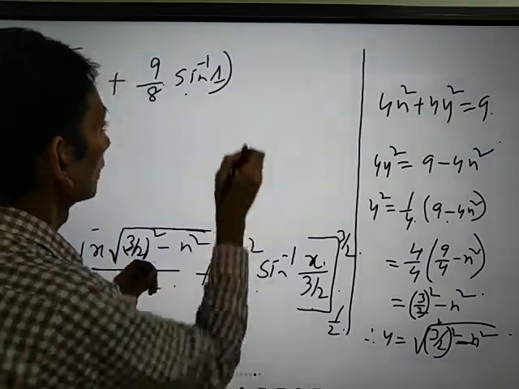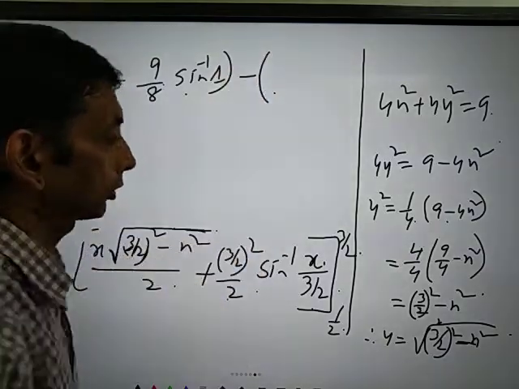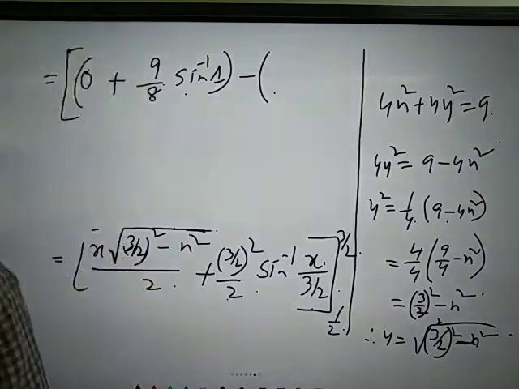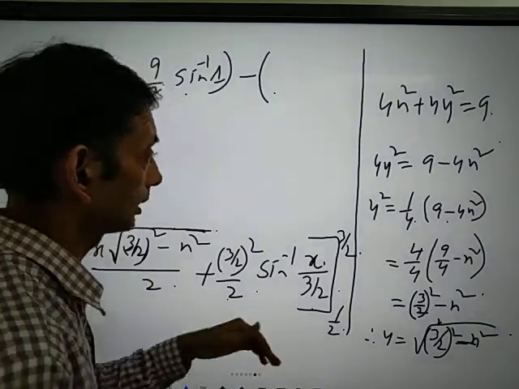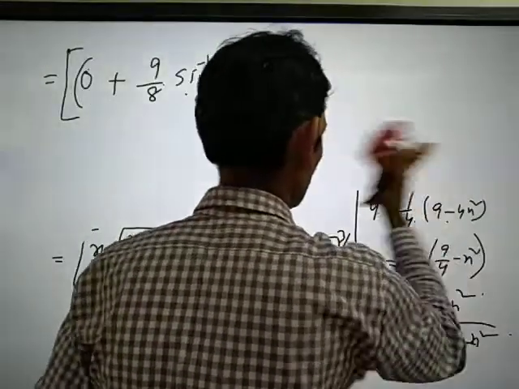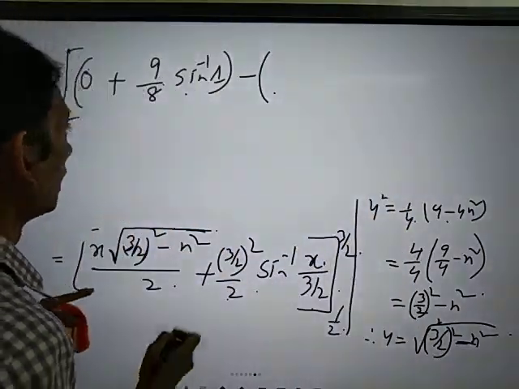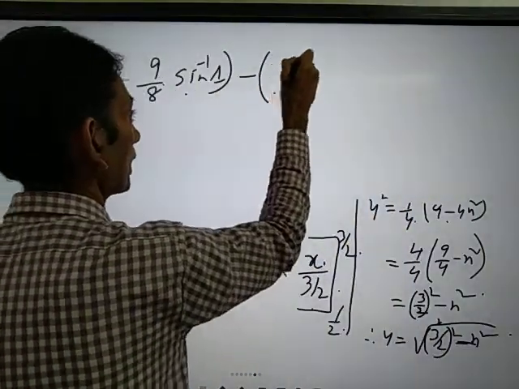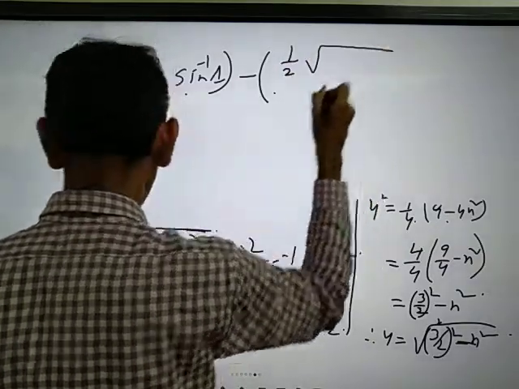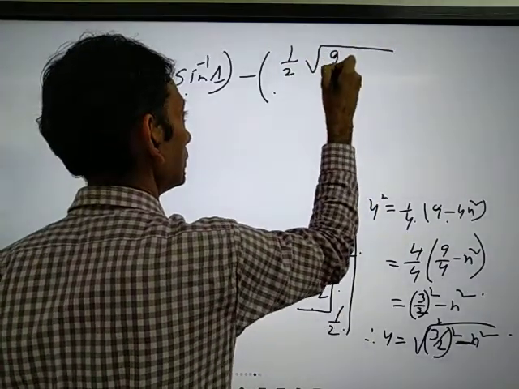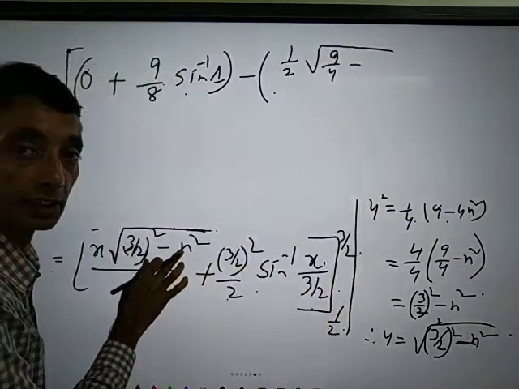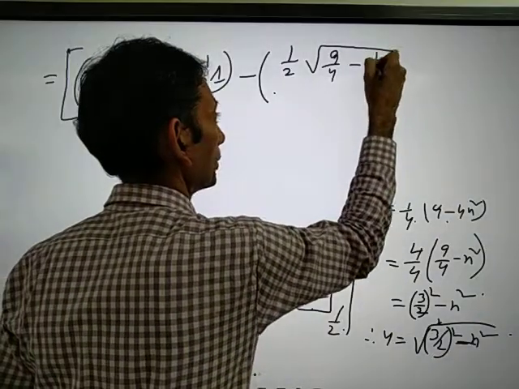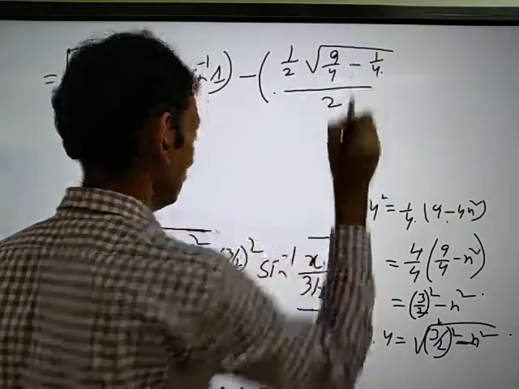Okay. Then minus, we will substitute, that means we will just put the value of the lower limit. That is half. So if you substitute half, this will be x equal to half, and this is 9 by 4. I'll write minus. If I substitute x equal to half, it will be 1 by 4. Done.